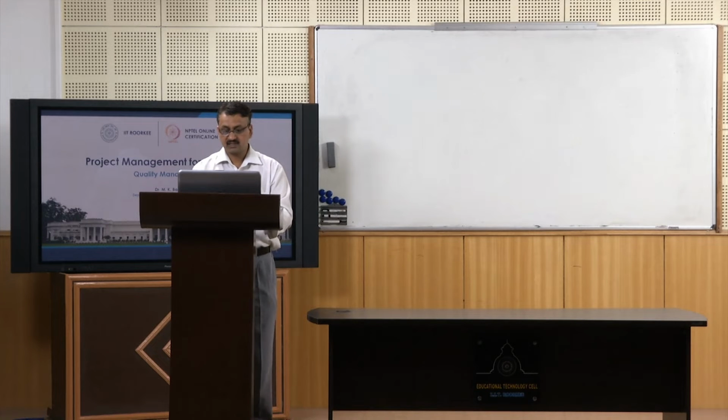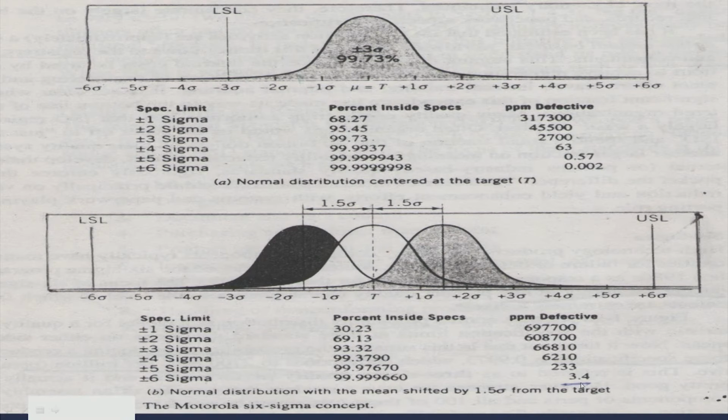The number of parts per million defective at 6 sigma is 3.4 parts per million defective.